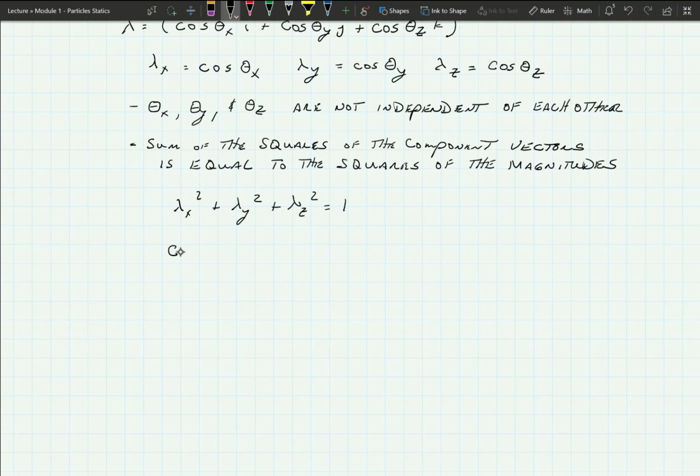As such, cosine squared of theta x plus cosine squared of theta y plus cosine squared of theta z will be equal to 1. There's an equation in your textbook that will lay that out, but that's going to help us get to a lot of answers down the road that we're going to need. So just keep that in mind.